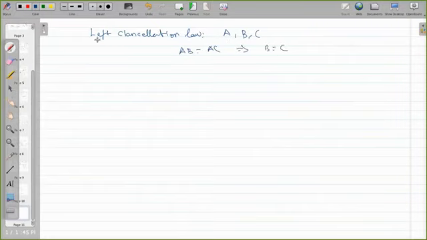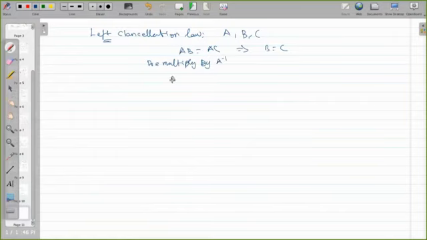Now, children, right cancellation we did; now left cancellation. There are three matrices, A, B, C. Here they say AB is equal to AC. We have to prove that B equals C. Left cancellation: what am I going to do? I am going to pre-multiply by A inverse on both sides.